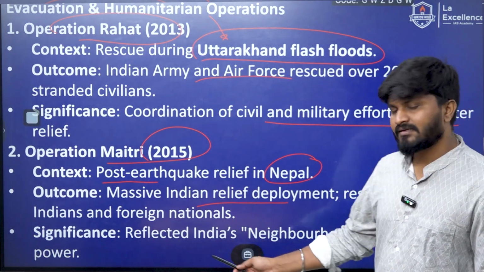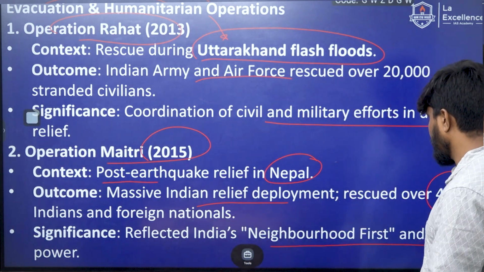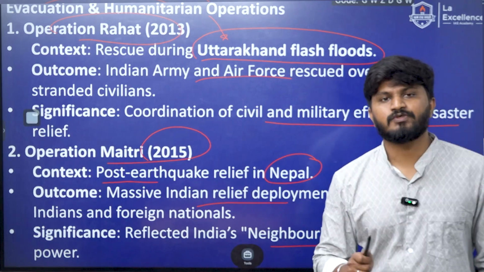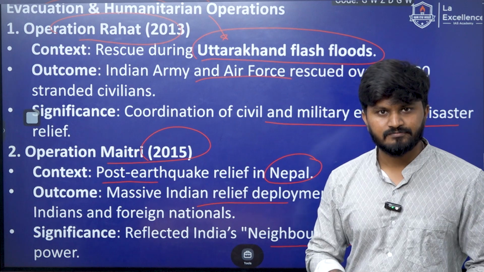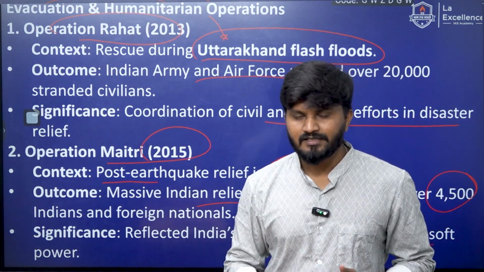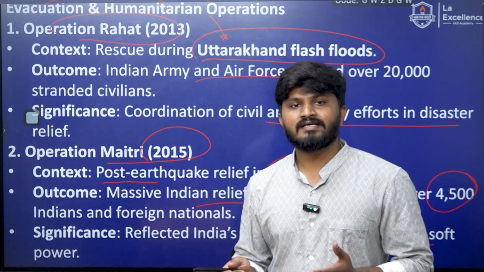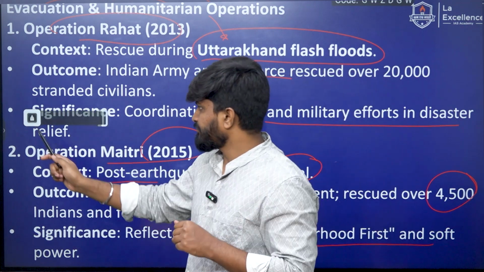Significance is, again, it reflected India's strong neighborhood first policy as well as India's soft power in the neighboring countries. This point you can use if there is a question on India and Nepal relations, or on India's neighborhood first policy. Okay, this can be your fodder points.